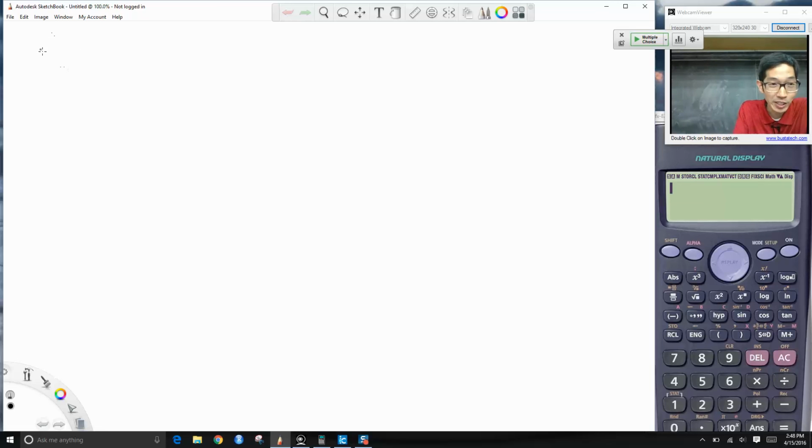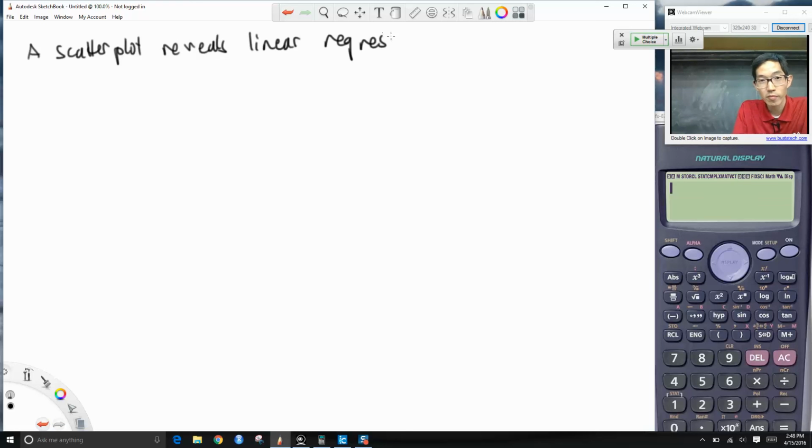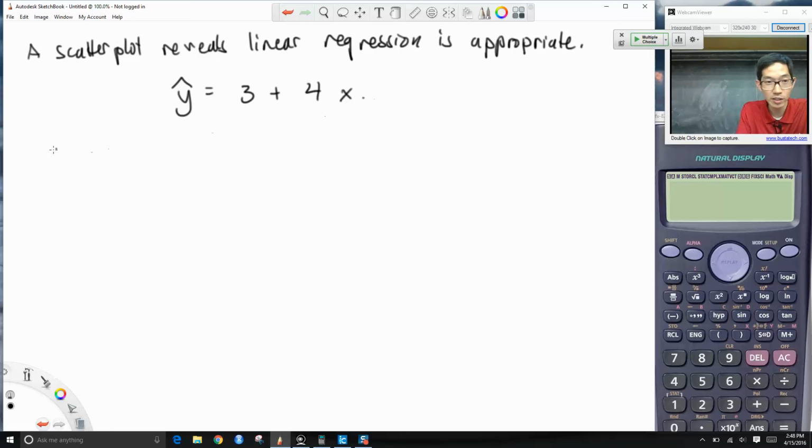Okay, last one. All right, so a scatter plot reveals that linear regression is appropriate. So we will say that this part is met, okay, and we'll say y hat is equal to 3 plus 4x, okay? So interpretation of the slope.